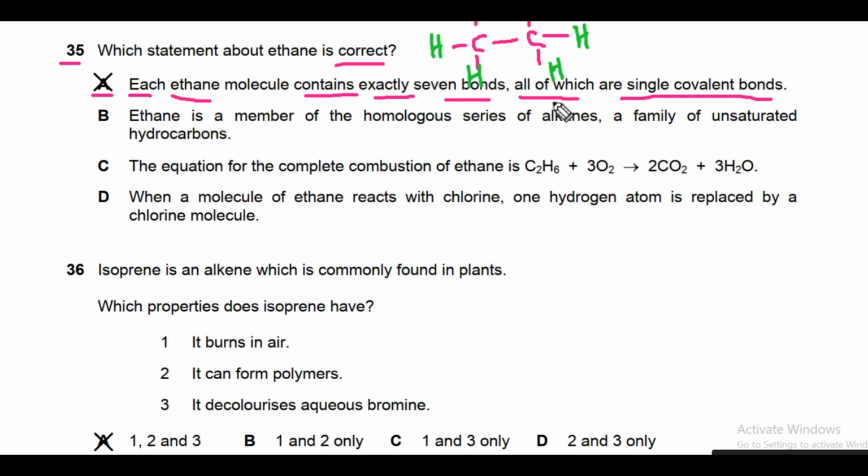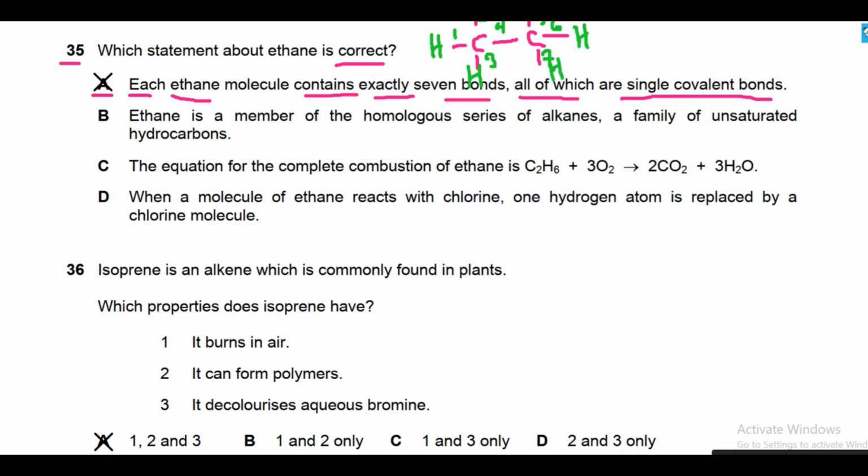So an ethane molecule contains exactly 7 bonds: 1, 2, 3, 4, 5, 6, 7 bonds, and all of which are single bonds, and these are covalent bonds because carbon is non-metal, hydrogen is non-metal.